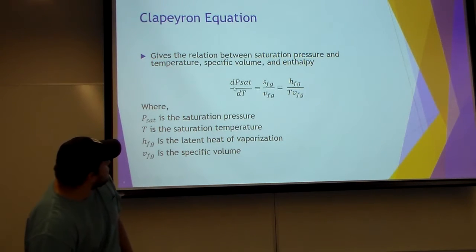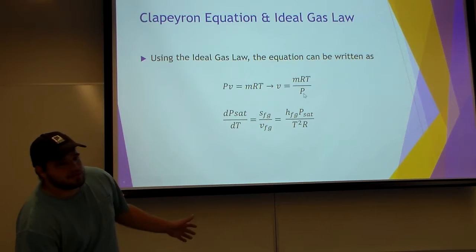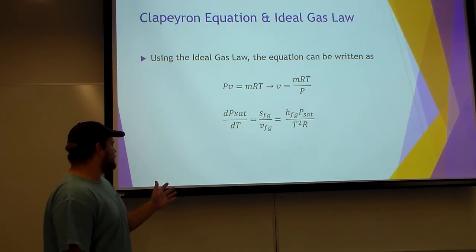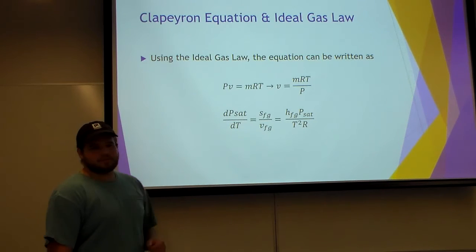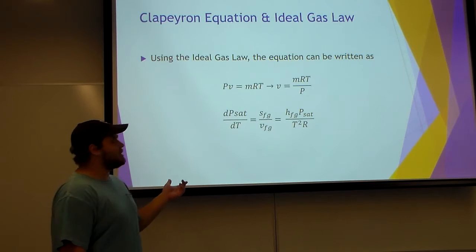You have the derivative of the pressure with respect to the temperature is equal to the latent heat over the temperature and the specific volume. However, in that form, it's harder to use, so we use the ideal gas law to simplify it, knowing that PV equals mass times the gas constant times temperature.